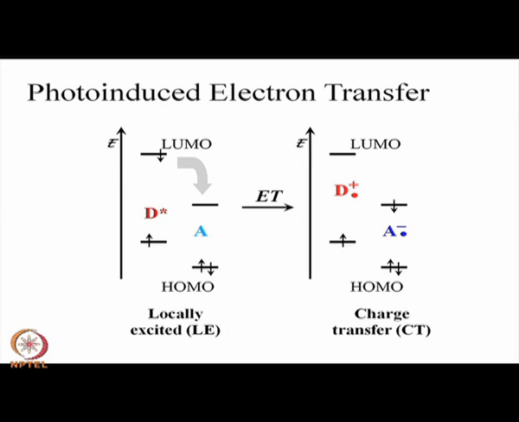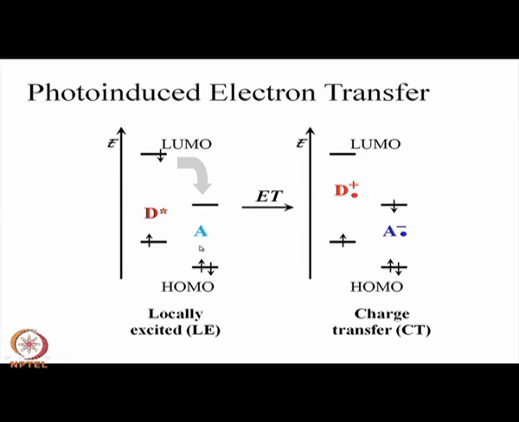What you can think of in this case is that the electron was initially in the highest occupied molecular orbital. Then when you shine radiation, there is photo-induced excitation of this electron from here to the LUMO, and then from the LUMO to here. So, this is your locally excited state.